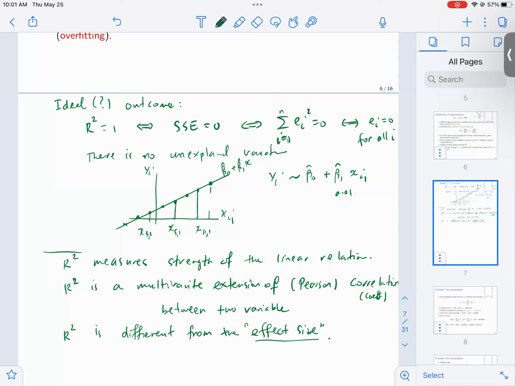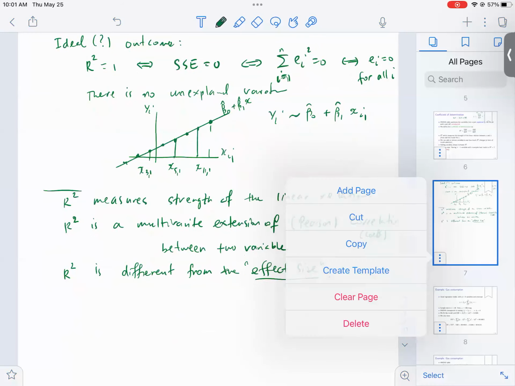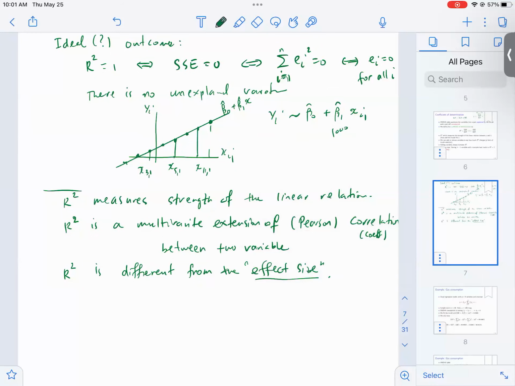Does anyone remember this topic that we talked about? What am I talking about? For example, I could have a beta hat which is 1,000, and statistically it might not be significant or meaningful.